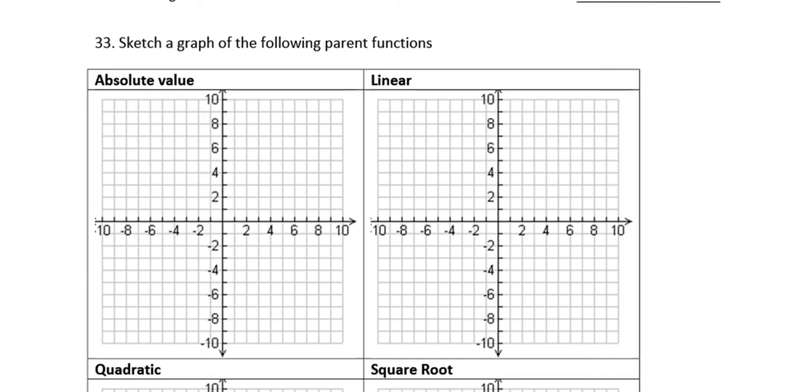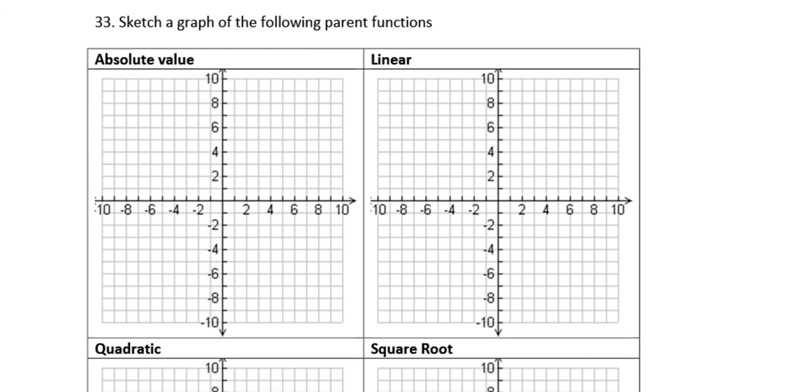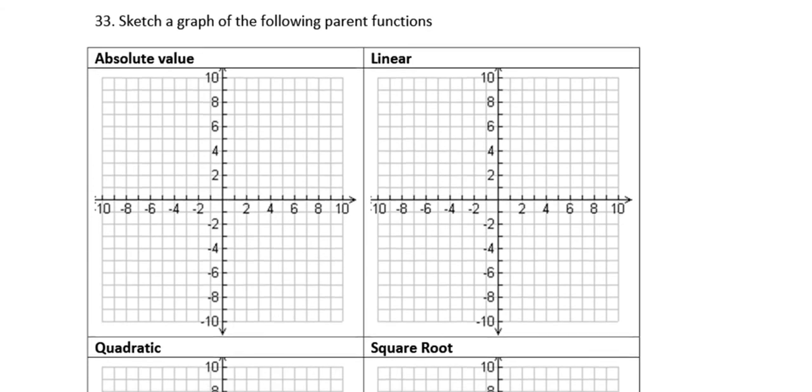Question number 33. Graph of the parent functions, because they're going to ask a question on the final of what type of function is this. The absolute value is kind of a hard one to put in the calculator. It looks like this, or you can go to y equals.